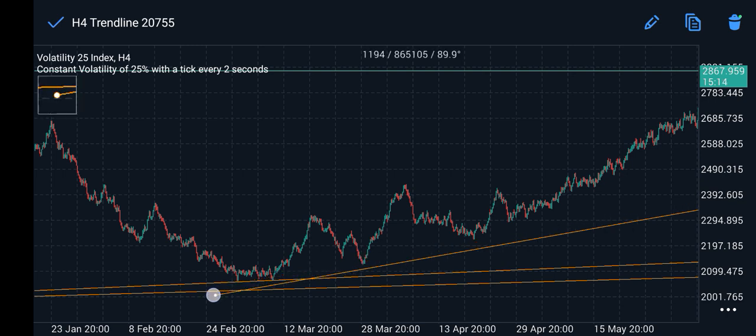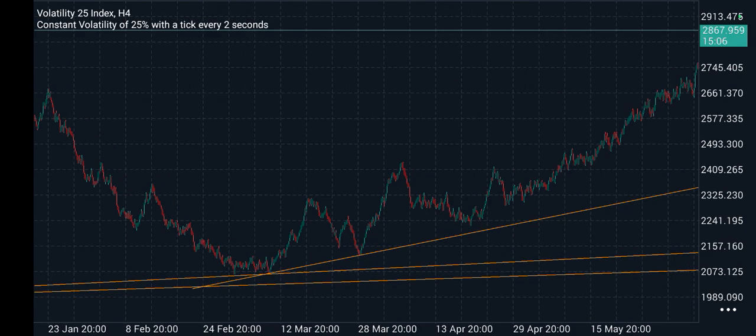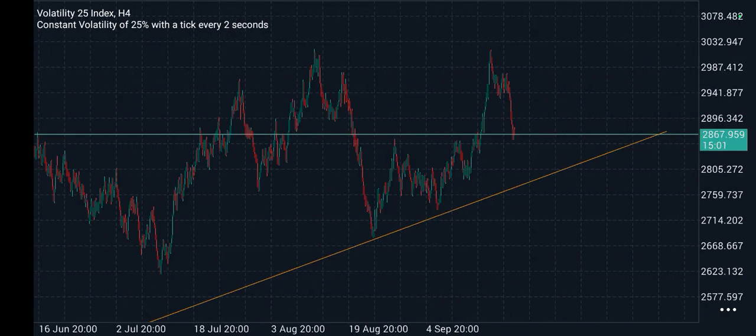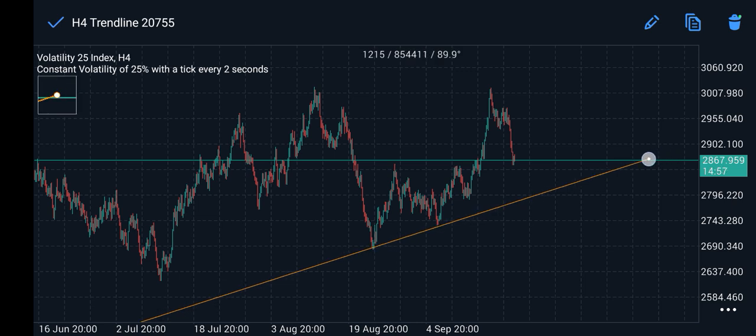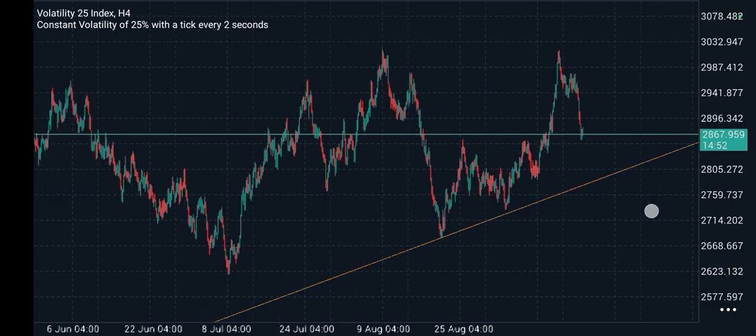And remember, it must not cut through candles. Okay, so now I have it perfectly drawn here. Okay, you can still touch this one. It can touch without cutting through the candle. So let me check again.